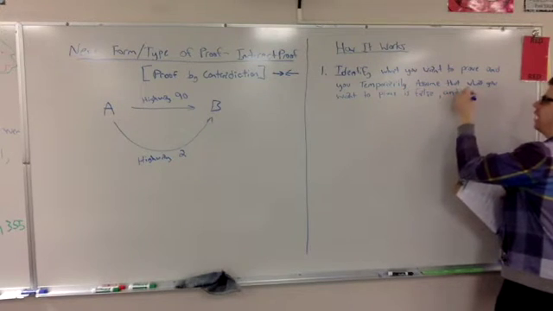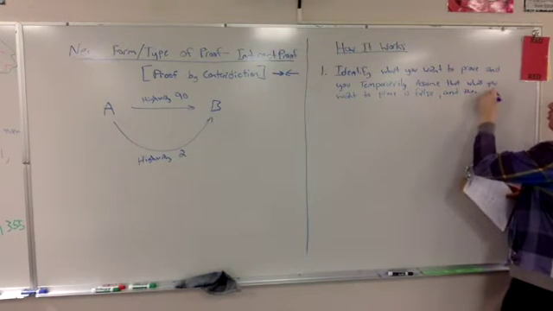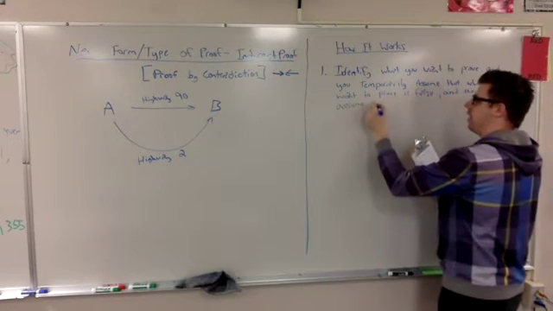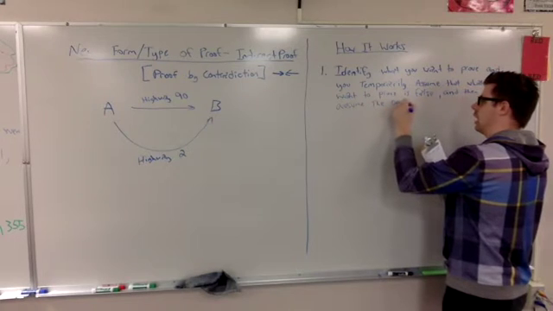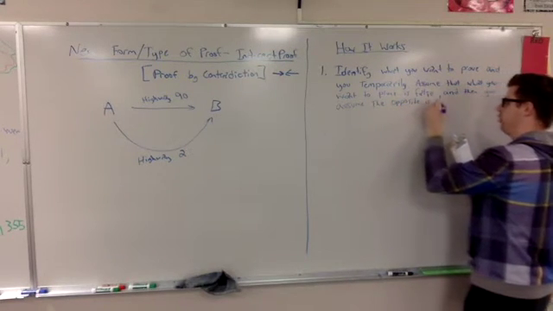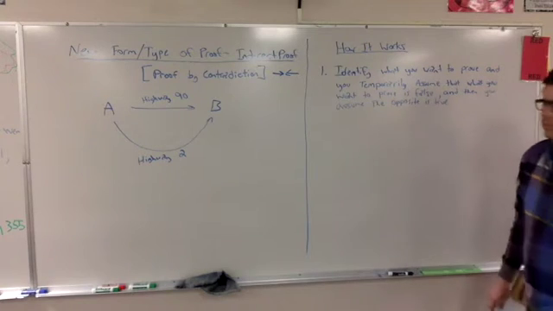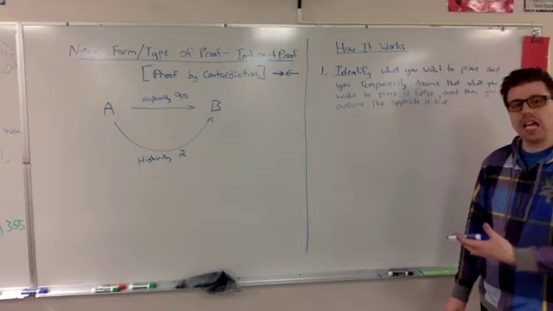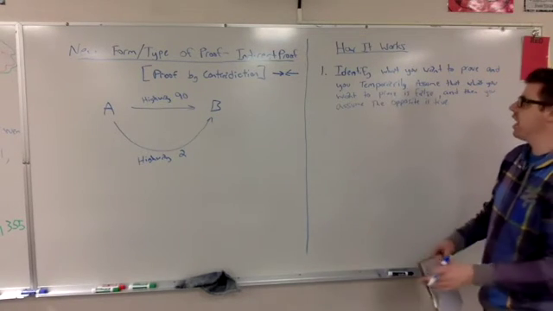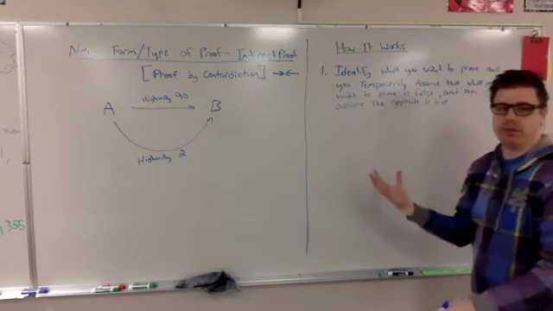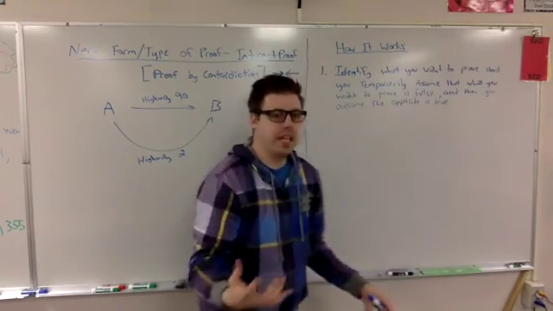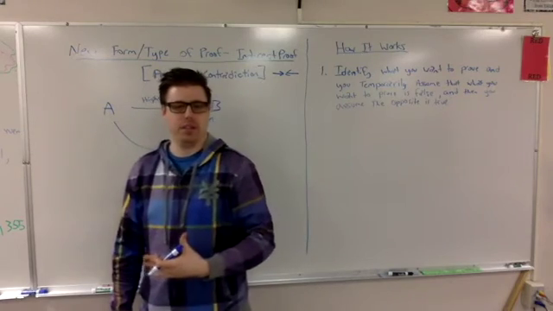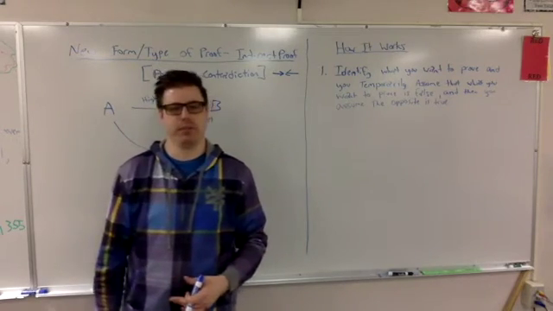And then you assume the opposite is true. Now, this will make sense in a moment when we actually apply it. For now, understand that we identify what we're trying to prove, and then we say it must be false, and we're going to assume that the opposite has to be true.